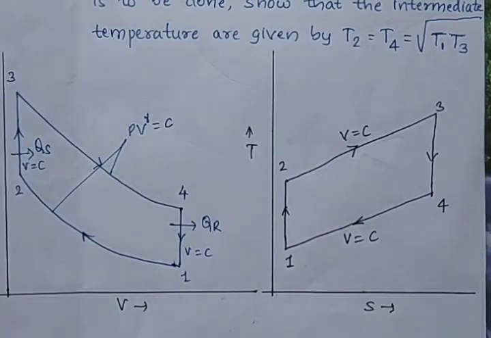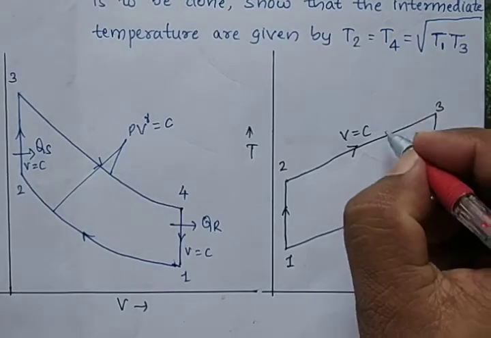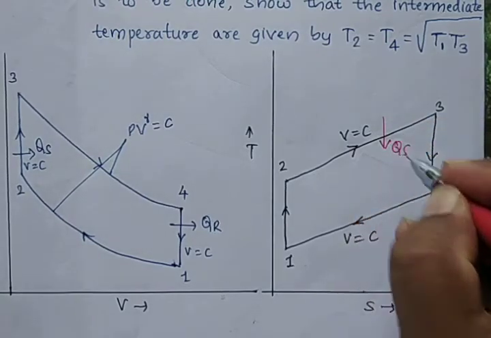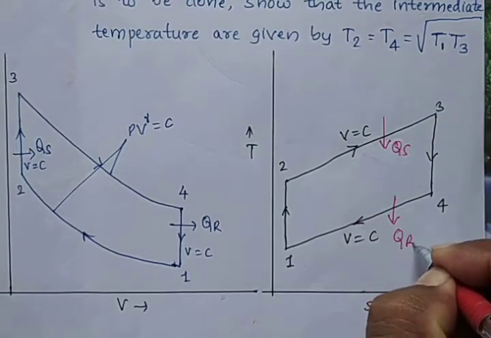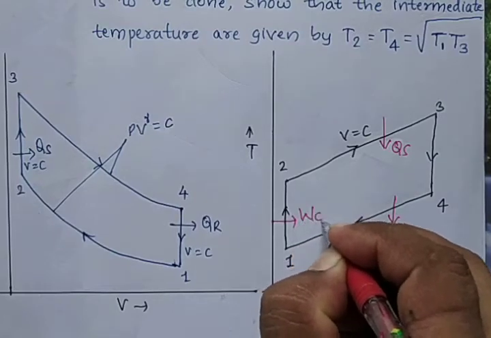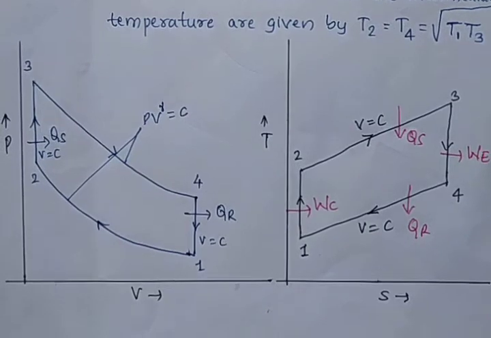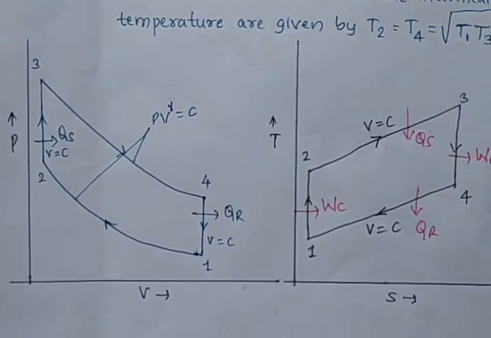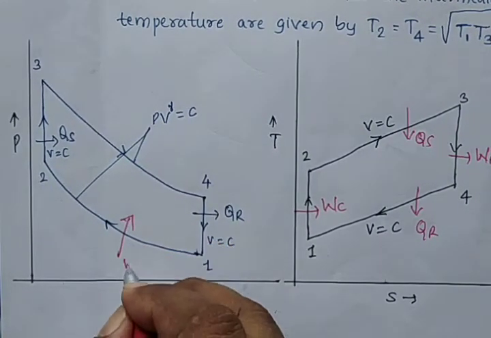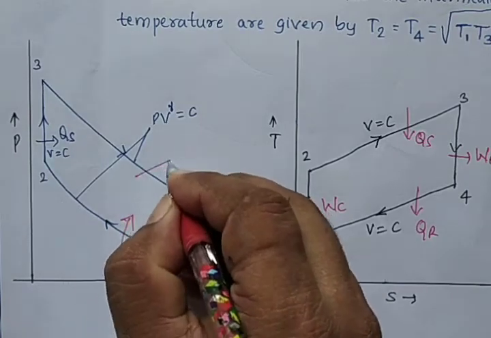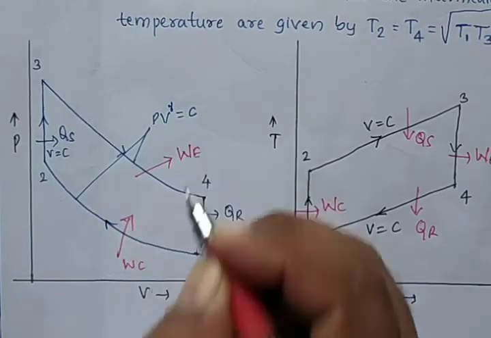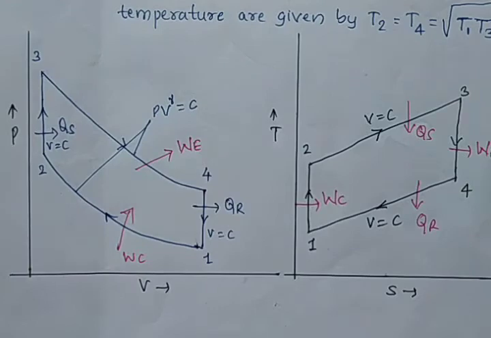So let us see heat added QS, this is QR, work of compression, and then work of expansion, which is shown on the PV and TS diagram. This is work of compression and this is work of expansion. So with these two diagrams, we will take up the work done.